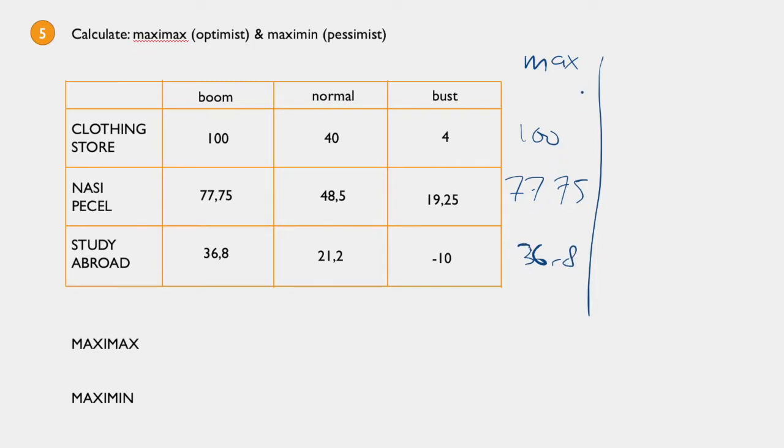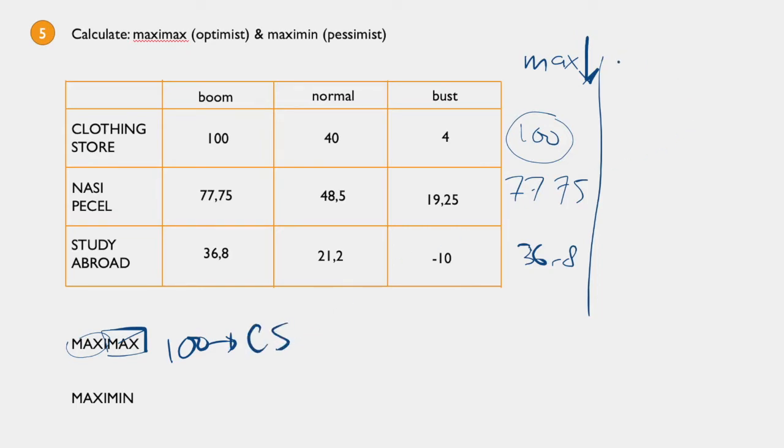So from these maximum payoffs, we try to choose the highest one because we're trying to get the maximum from the maximum payoff. So the maximum is 100, right? So for maximax, our answer would be the first option, which is clothing store.